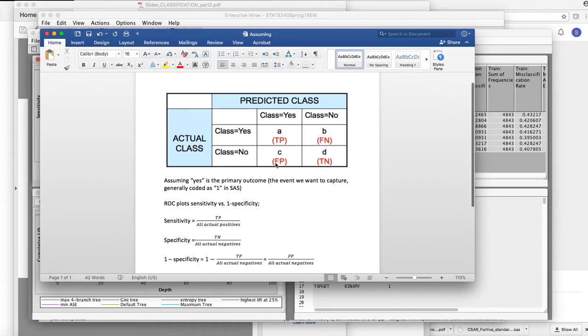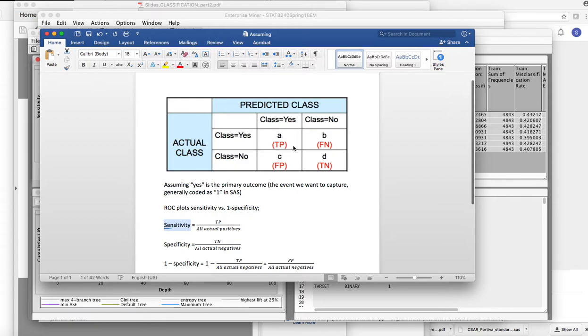So what is sensitivity? Sensitivity is the true positive rate. It is the proportion of the actual positive cases that are correctly identified as positive.